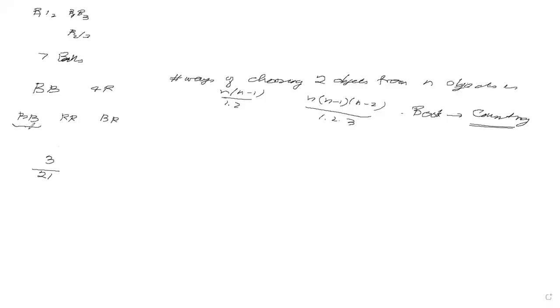So the probability of choosing 2 blue balls is 3 over 21, which is 1 over 7. And likewise, if you look at that, again, your denominator is 21 because you're choosing 2 balls from 7. But those 2 balls can be chosen from any of 4 balls. See?